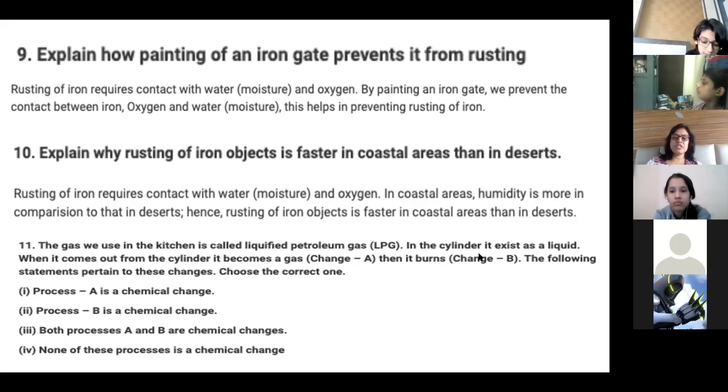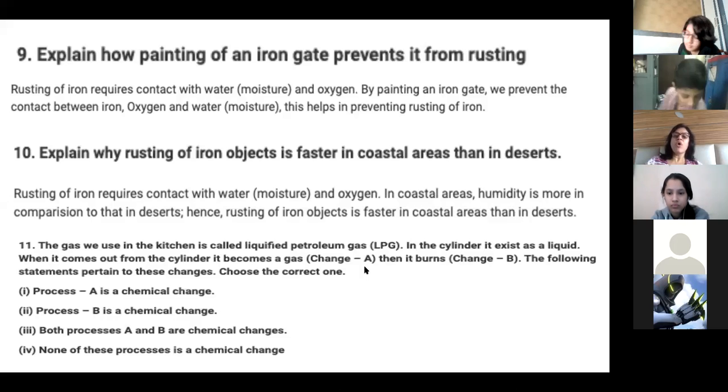Temperature change makes solid, liquid and gas change. Liquid changing into gas is vaporization, a physical change. Melting, condensation, evaporation, boiling, all these are physical changes.